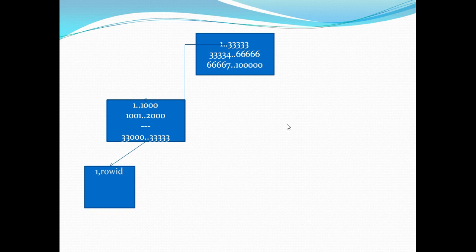So in order to fetch 25% of the data, I have already accessed 3000 blocks out of 4000 using random IO, which is considered the most cost intensive operation. And we have not even considered yet the traversal of our index blocks. So just to get 25% of the data, if my Oracle optimizer considers the index, it's going to take a lot of time and a lot of IO.